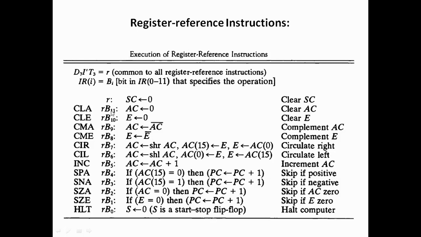The same way, the next instruction is clear E, the E flip flop, and for that it is the 10th bit, so B10, like that, B9, B8, B7. So it all goes like this up to B0, right? So in total it will be 12 instructions.